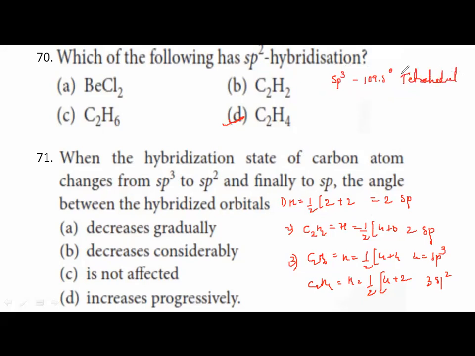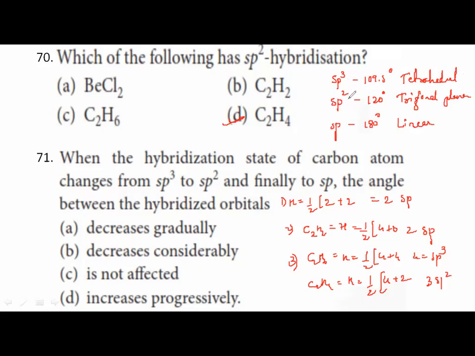Since it is hydrogen and carbon, there are no lone pairs on carbon, so it is a symmetrical geometry. If it is sp2, the bond angle is 120 degrees and the geometry is trigonal planar. And if it is sp, the bond angle is 180 and it is linear.